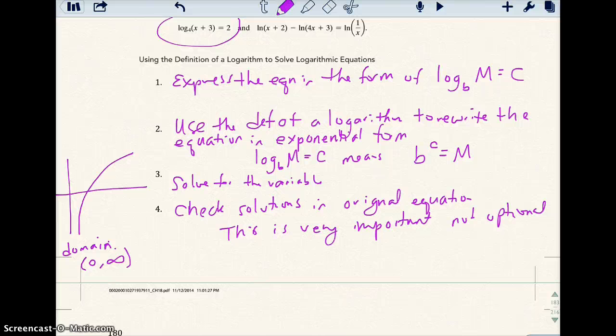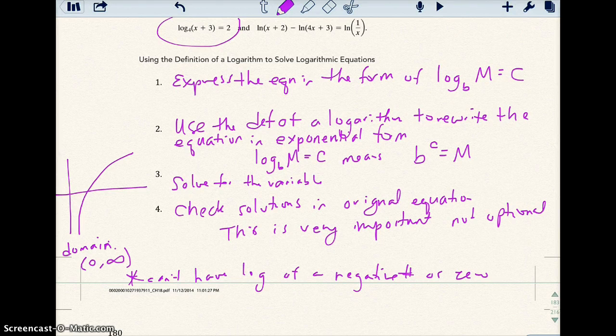So you can't take a logarithm of a negative number or 0. Go back to that idea of when you graph logarithms, remember the domain, we had that little asymptote right here. And we said that the x value could not be 0, it would never reach 0, but it would be close to 0. And we never had to really check in our exponential equations because x could be anything in those.